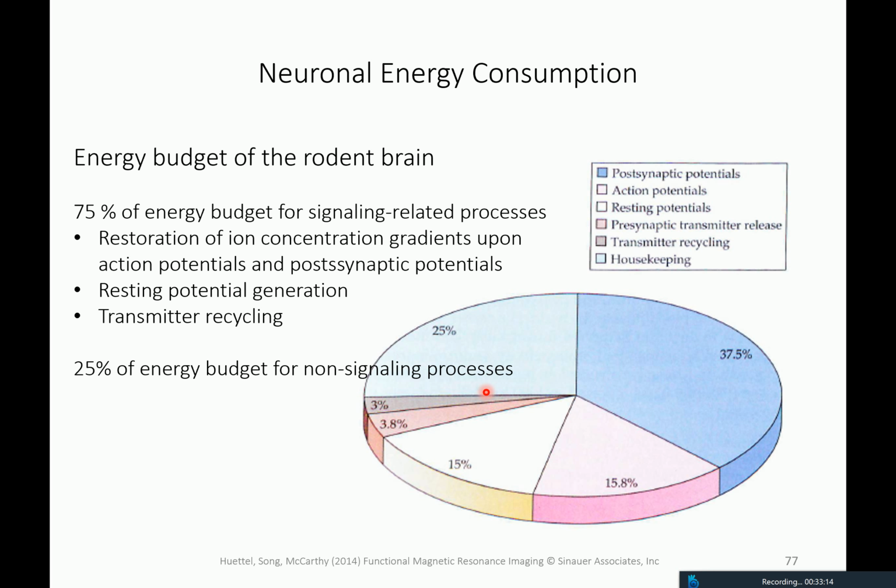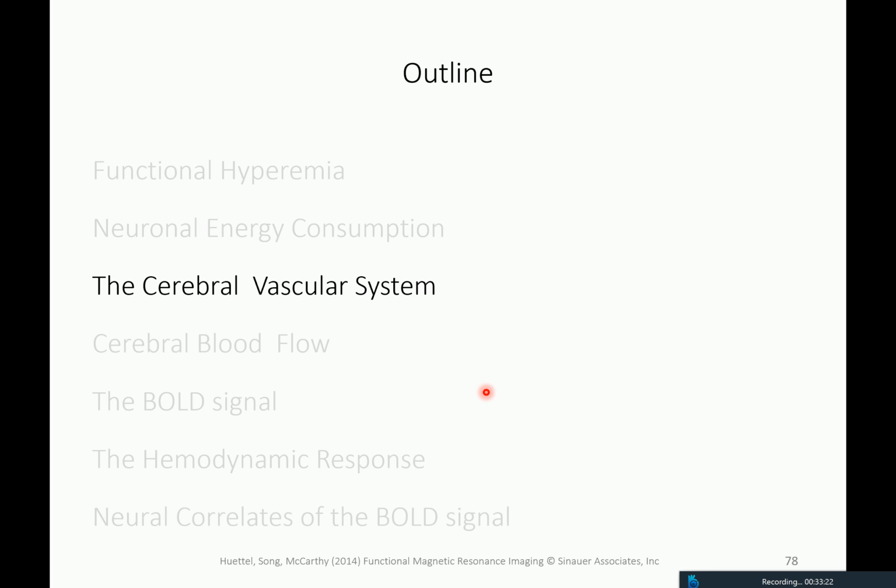Of course, this also takes energy, but the main energy that is required is for signaling. Good, so these were some spots in energy consumption that are helpful when understanding the metabolic hypothesis of functional hyperemia, and things that you should know anyway, because it's good to have this kind of general knowledge.